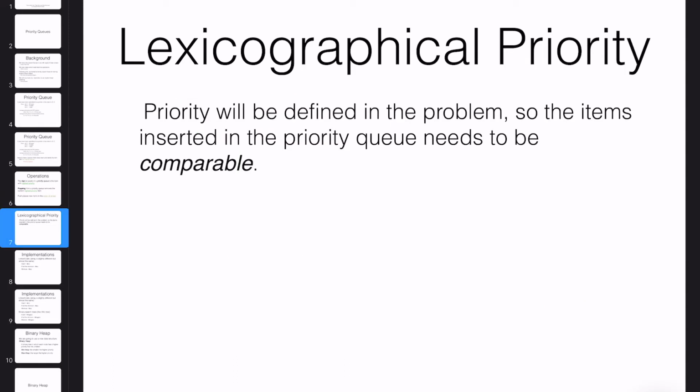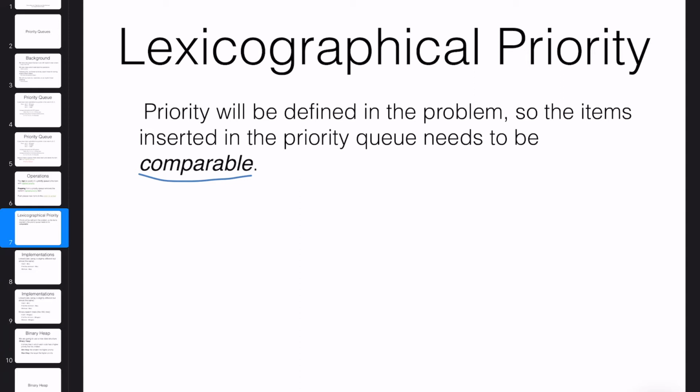One thing before we jump into the implementation, about the items that you can store in a priority queue: your items should be comparable, right? Basically, it means that you should have some metric to compare the items. All of your items should have some key, and based on that key you will say, okay, this item has a higher priority than the other item.